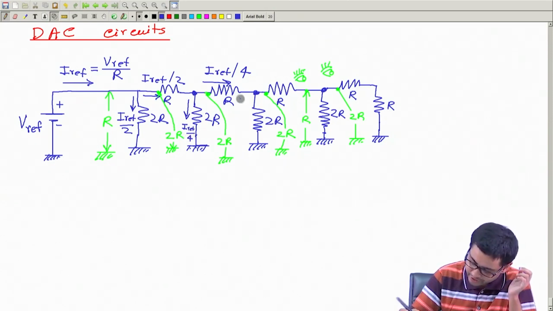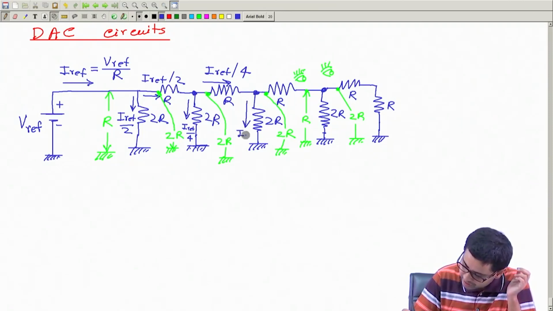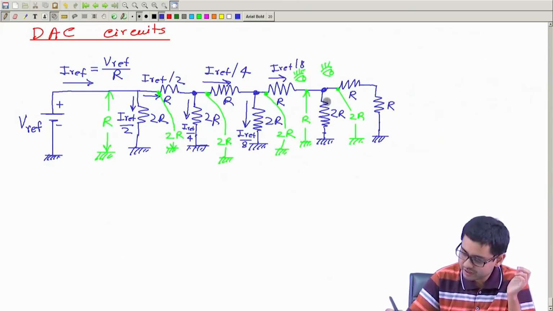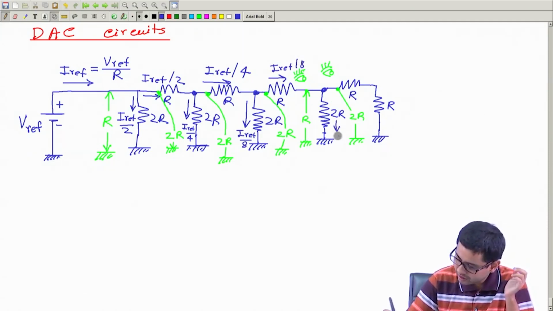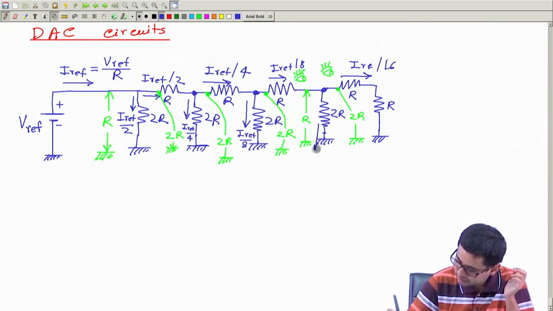In this way, if you just continue the analysis, this current will again be half of this. So this will be I ref by 8, and this will be I ref by 8. Similarly, this is I ref by 16, and this current will be I ref by 16.